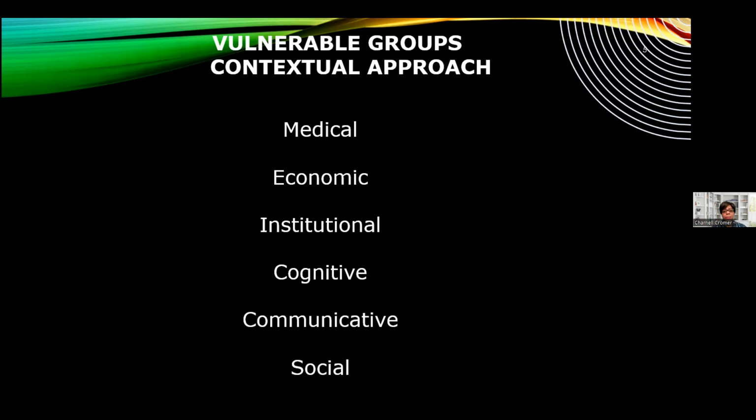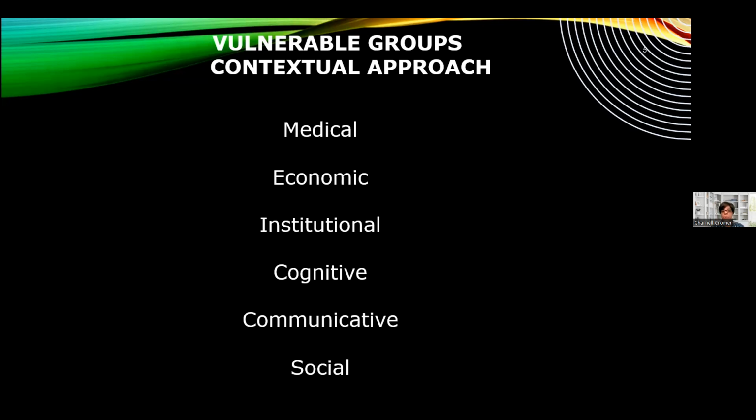Now, the cognitive and communicative vulnerability, they kind of blend together, but they broadly encompass people who have difficulty comprehending information and making decisions about participation. For example, someone with a communicative vulnerability would be someone who's hard of hearing or deaf, or someone who has a language barrier.